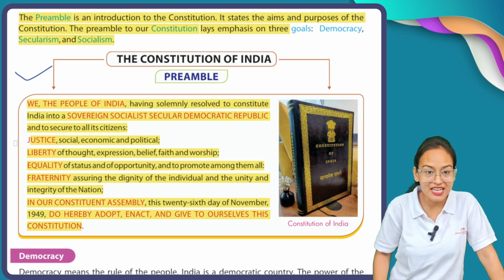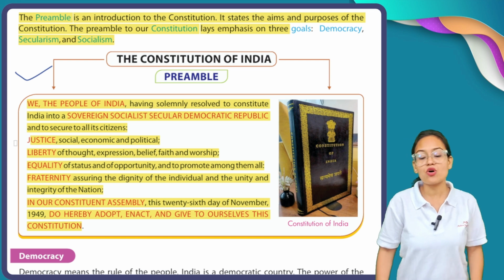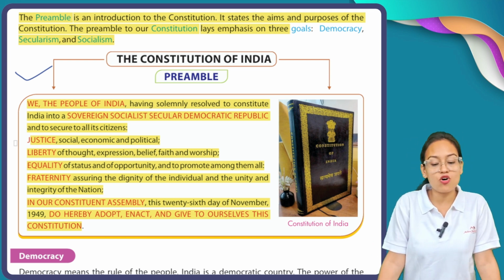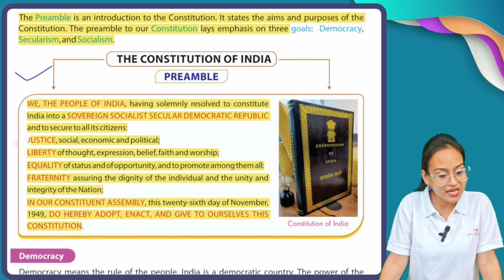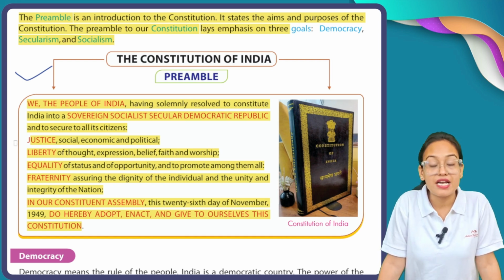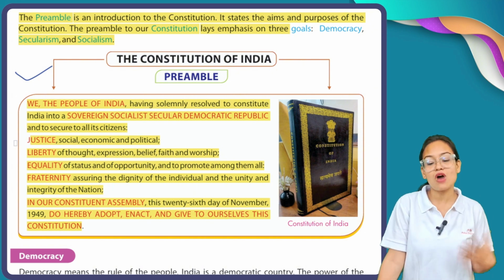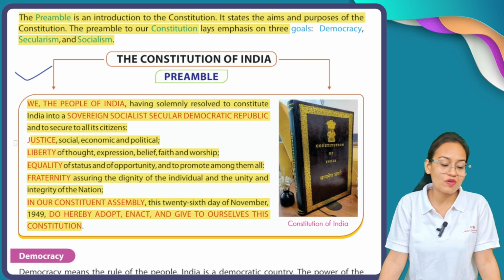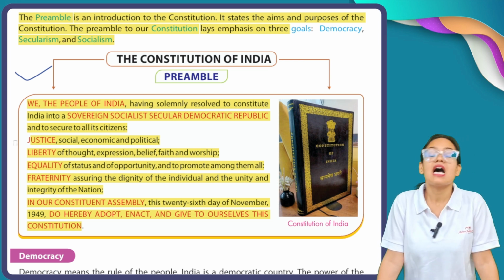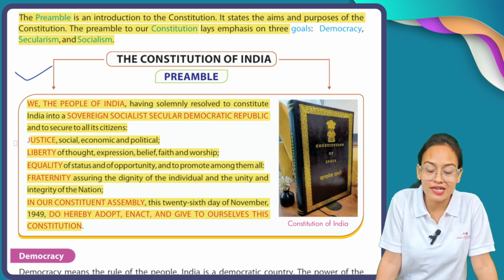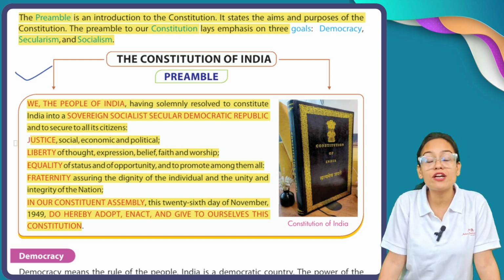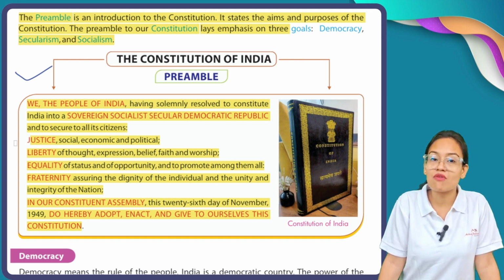of India. Okay, in our Constituent Assembly, this 26th day of November 1949, do hereby adopt, enact, and give to ourselves this Constitution. So, on 26th of November 1949, our Constitution was adopted. And here we, the people of India, are going to adopt the constitution of our country.